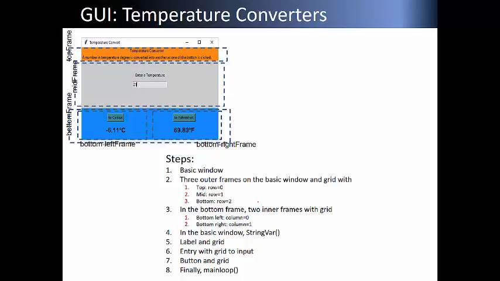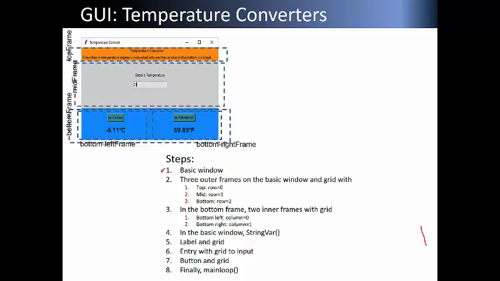Here's a little bit of explanation for that. The steps to make this graphical user interface are: first you have to construct a basic window. What is the instruction to create the basic window? Tk.